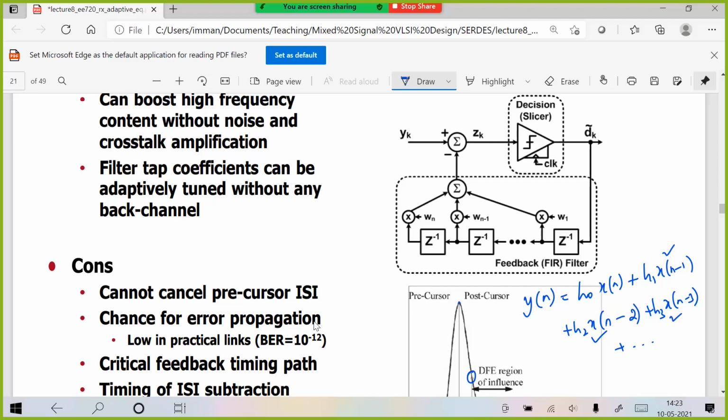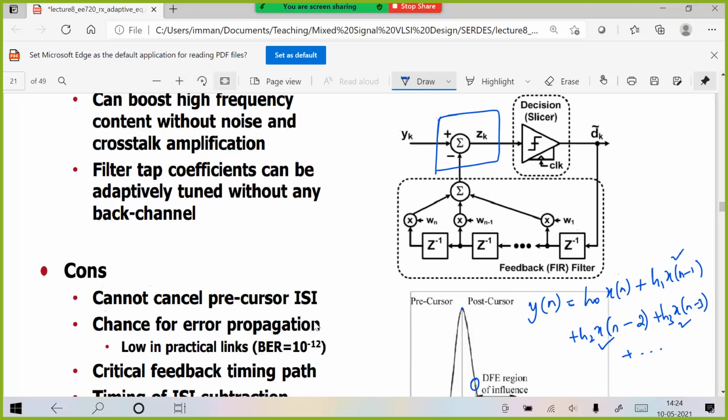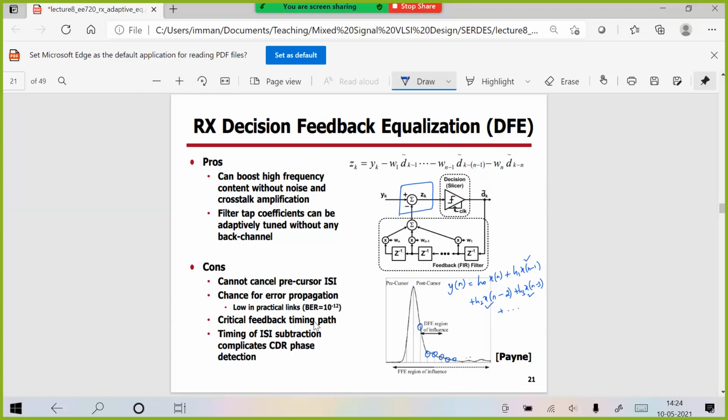The best thing to do is to subtract it from the incoming signal, and that is what is happening here, and that goes to your slicer. So this is what is called a decision feedback equalizer. Is it clear? Any doubts, any questions?